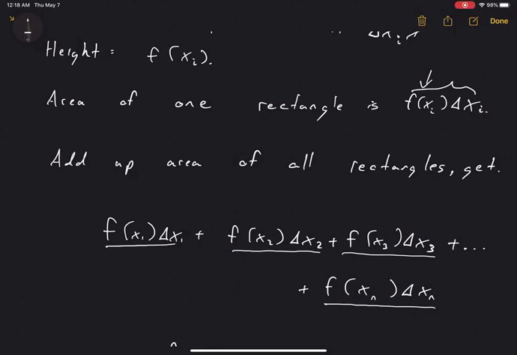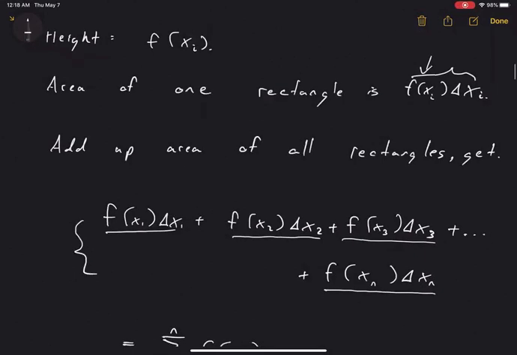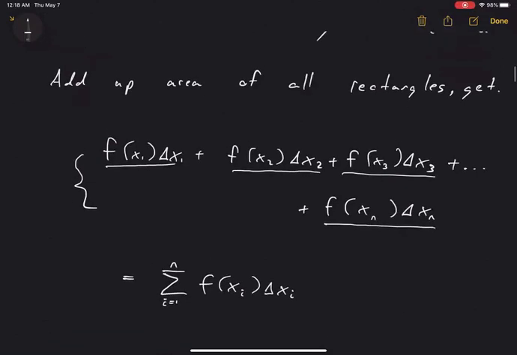Well, this notation is a bit cumbersome, right? There's a lot of writing here. So this next line is just a shorthand for this notation. This is called sigma notation or summation notation. This kind of big E is actually the Greek letter sigma.